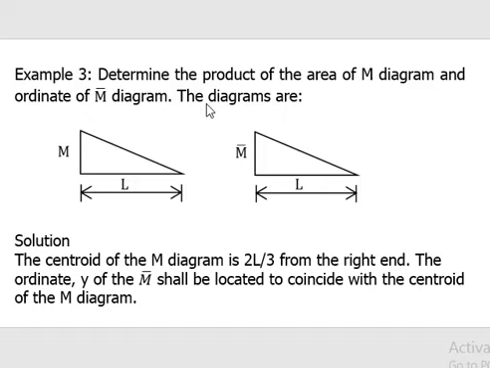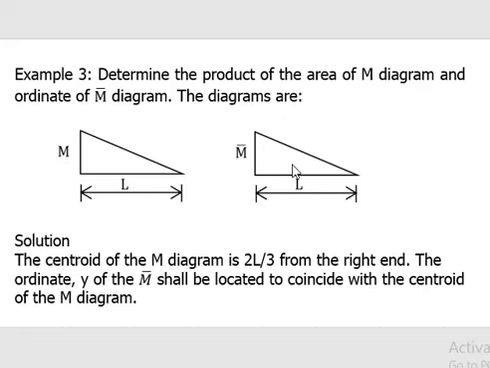We have a third problem we are to solve. We still follow the same process. Find the area of the M diagram, locate the center of this diagram, and at that centroid you locate the ordinates of this particular M bar diagram.